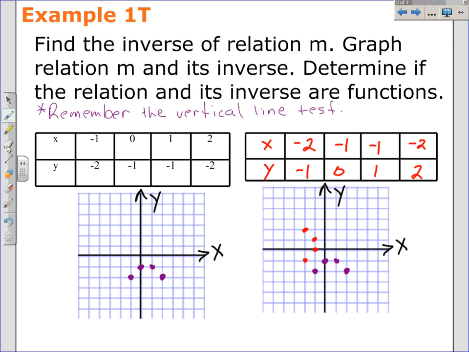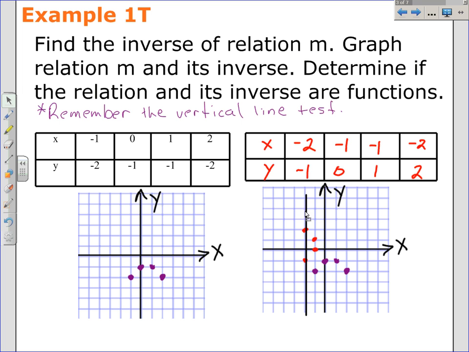Now, using the vertical line test on the second graph, you can see the inverse in orange is not a function because it does not pass the vertical line test. That means this value of -2 in the domain is paired with two different values.